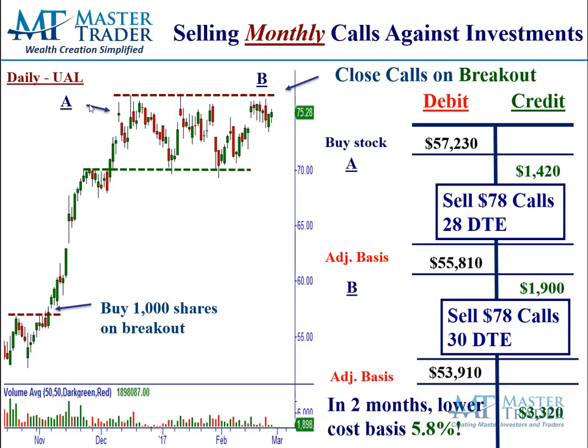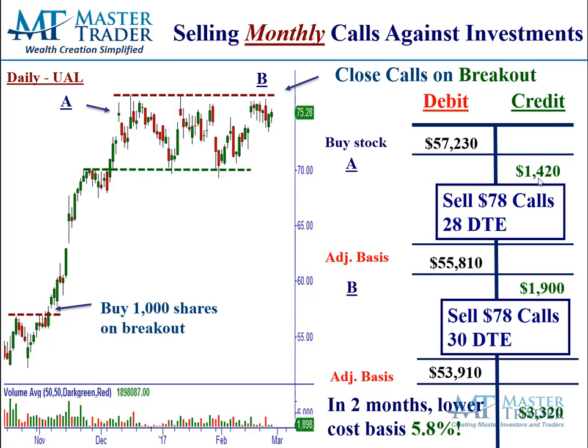So let's say at A here, it was a gap up, it's extended, and the stock looks like it's ready to take a breather. So this is for you accountants out there, or even people who spend money on a credit card. This is what I call a T account, and debit means you are paying money.